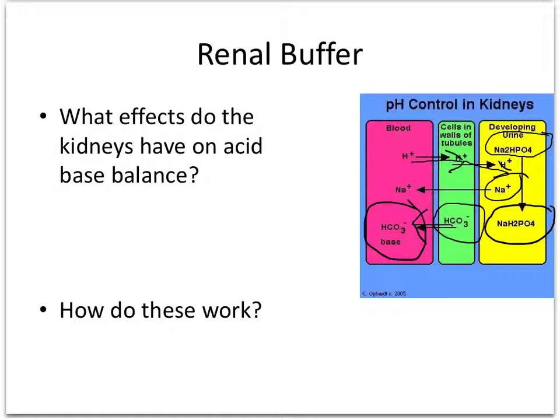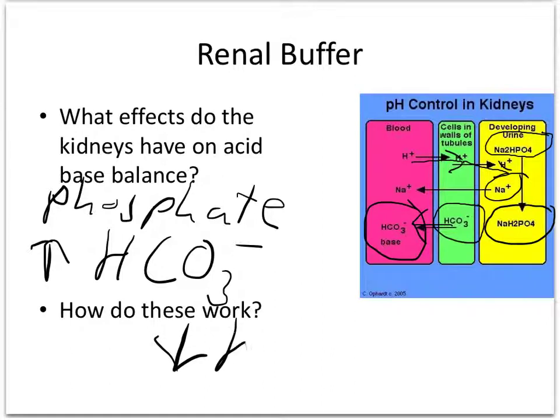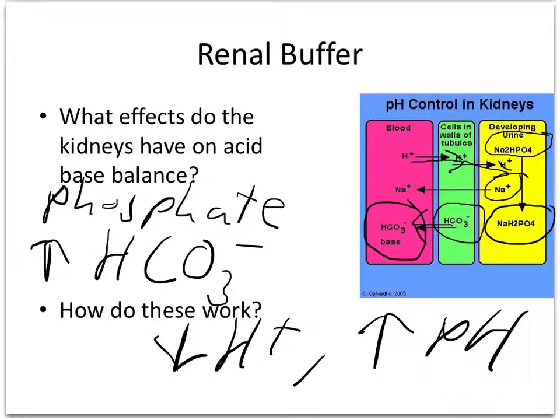One is the phosphate buffering system, which means directly buffering hydrogen ions by that system, and two is by increasing bicarbonate in the blood. Both of these act to decrease hydrogen as well as increase pH. So that is the renal buffering system.